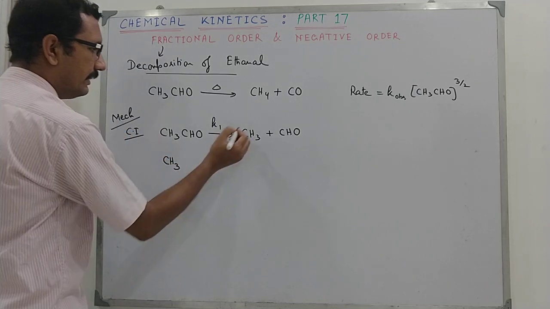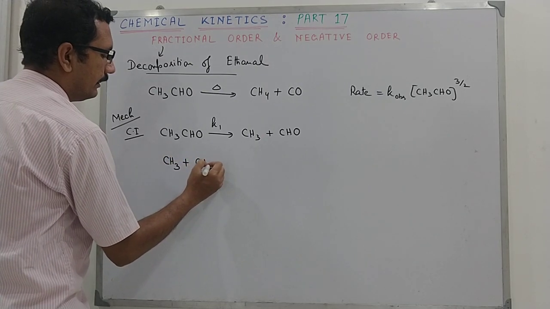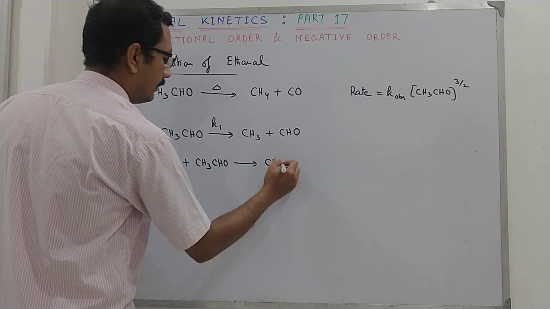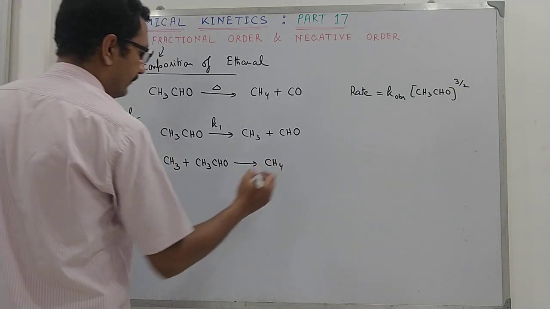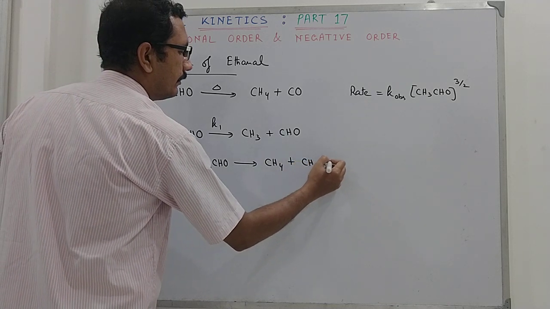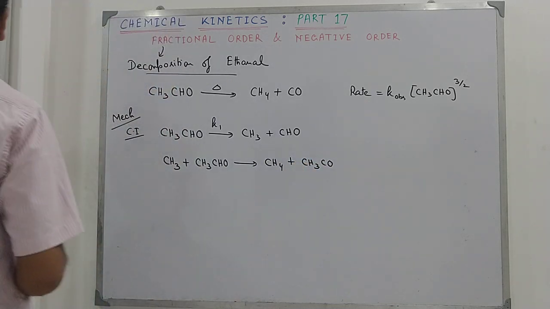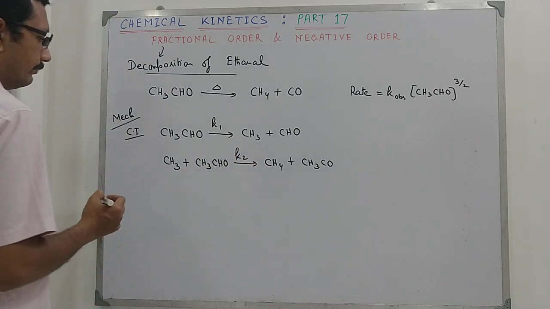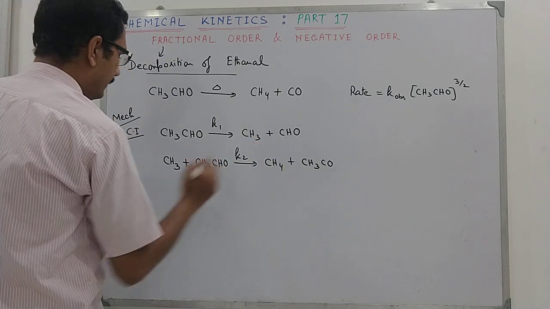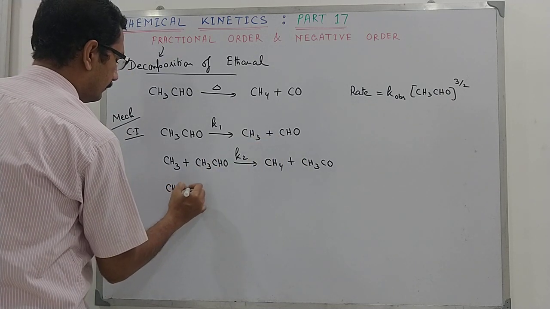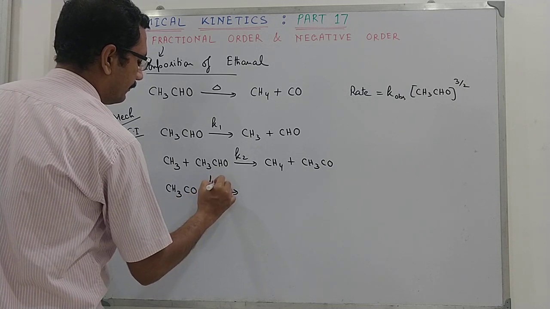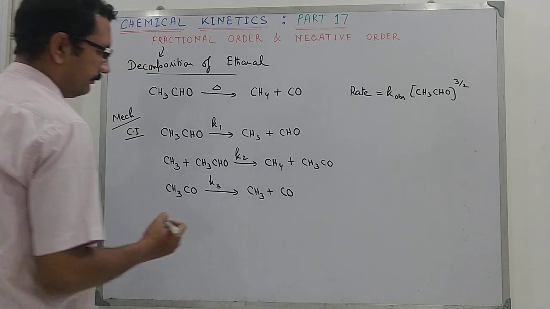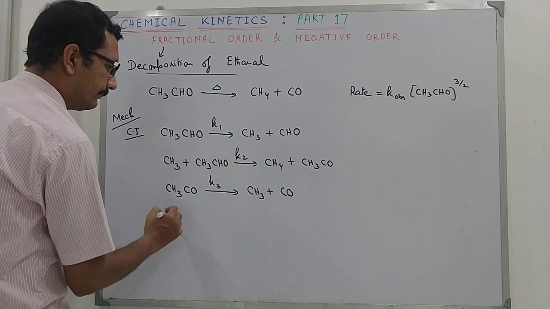Now this CH3 reacts with another ethanol molecule to give CH4 and CH3CO. The rate constant of this reaction is K2. Now this CH3CO decomposes to give CH3 and CO. The rate constant is K3.